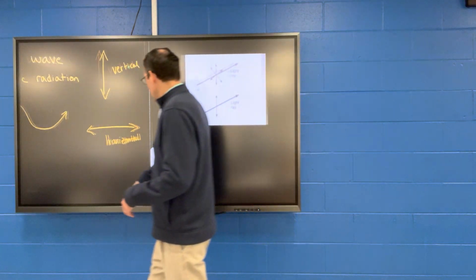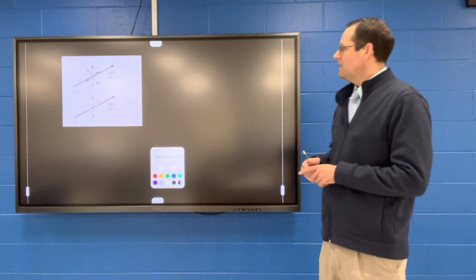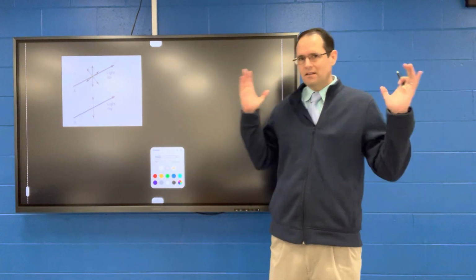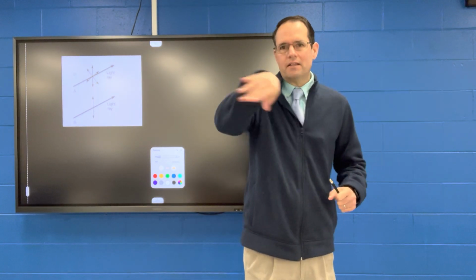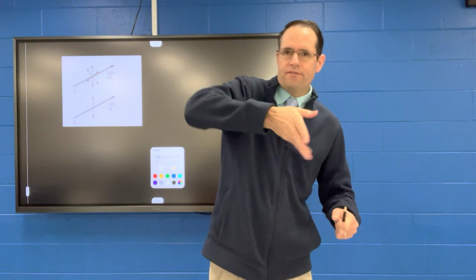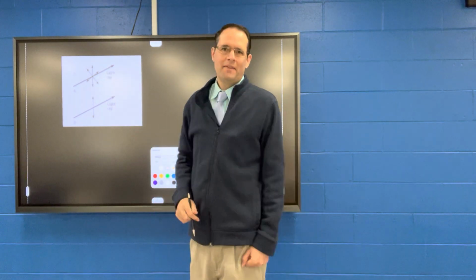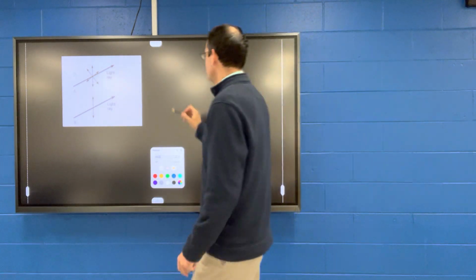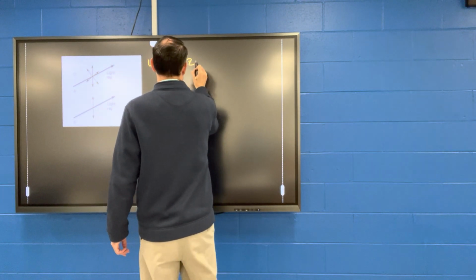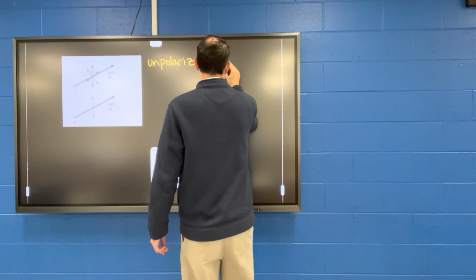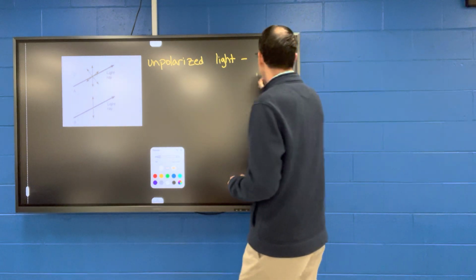Now, when you have many of them coming from a source, you have all of these possibilities. So the sunlight that comes from the sun could have waves that are going like this, waves that are going like this, waves that are going at all different kinds of angles. And so this is a typical diagram that shows unpolarized light. We have oscillations or orientations in all possible directions.